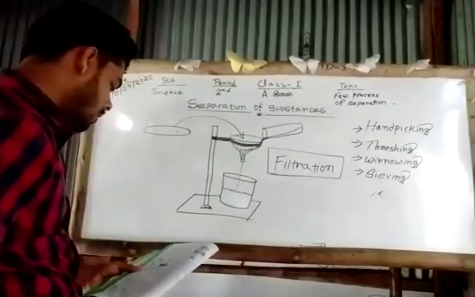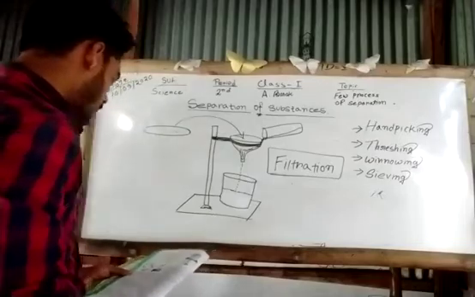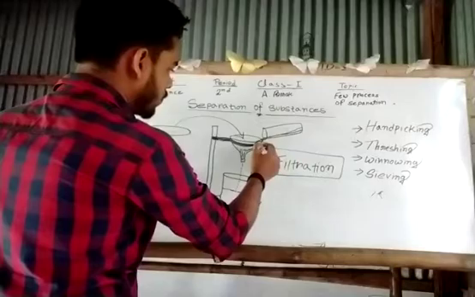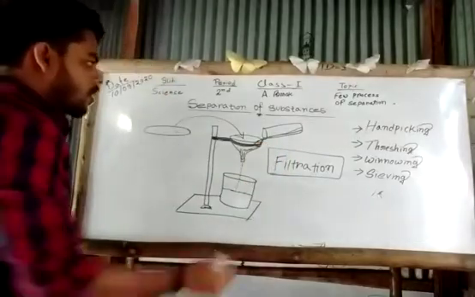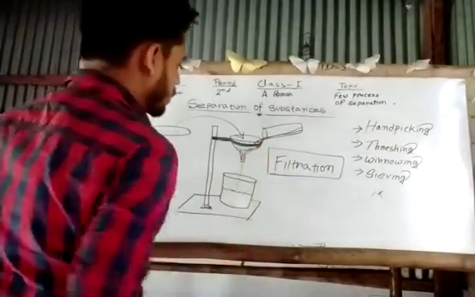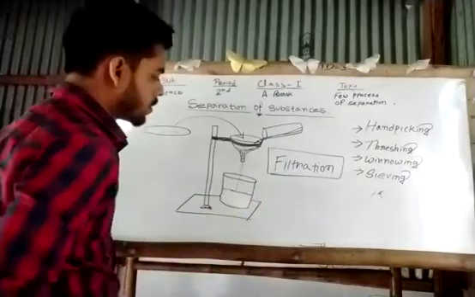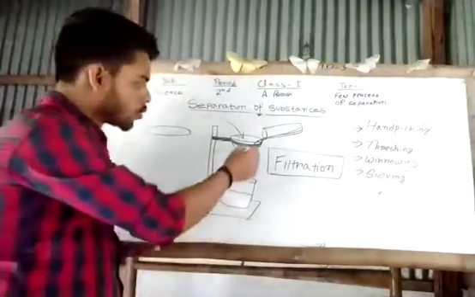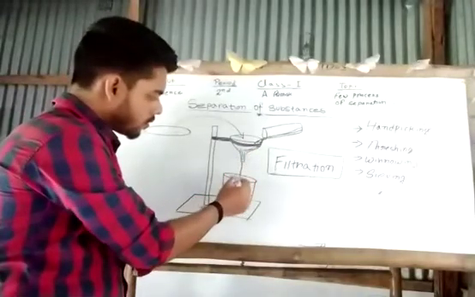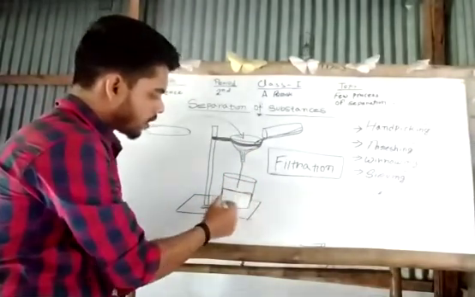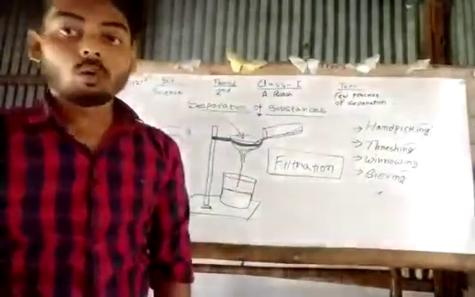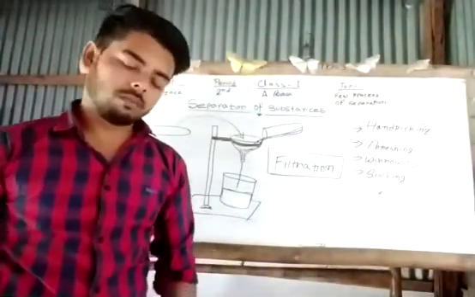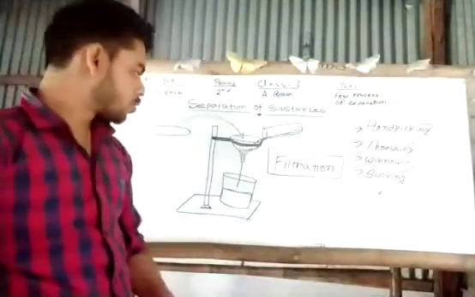The mixture is then poured on the filter paper, which does not allow the larger particles to go through it, and the fine water, that is pure water, goes through the filter paper and is stored in a beaker, so that we can get pure water or any chemical. Okay. So this process is called filtration.